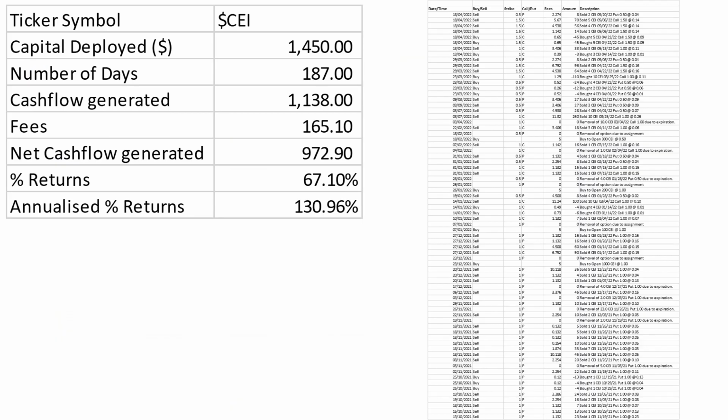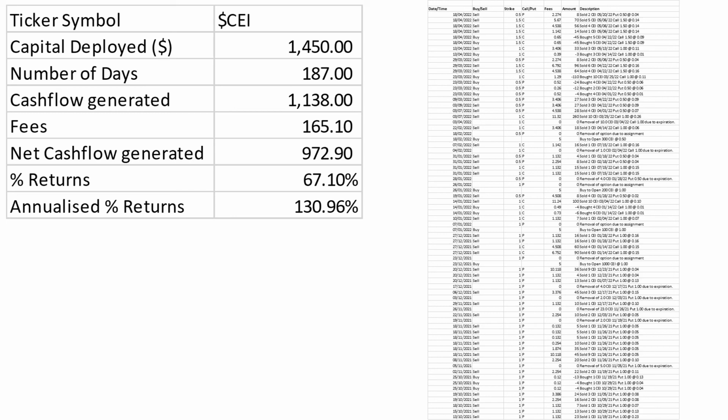So now let's see what could have happened if you had gone the options route with ticker symbol CEI. On the right hand side of this screen is an actual set of transactions that were executed between the 13th of October 2021 and the 18th of April 2022.